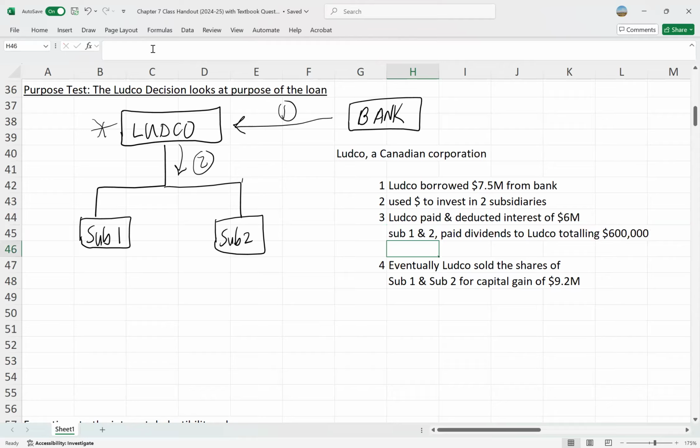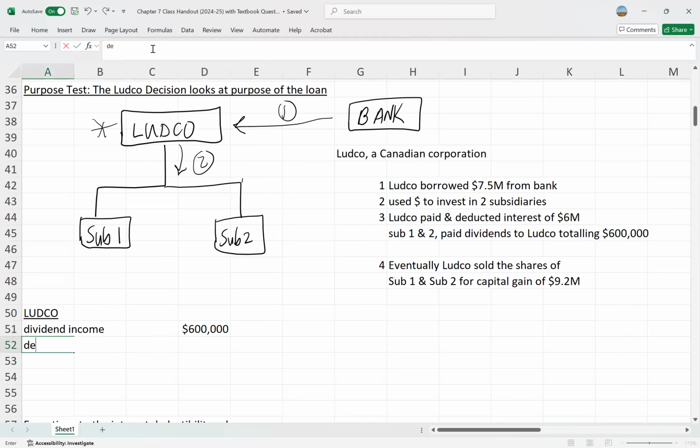And then step number 4, eventually Lutco sold the shares of sub 1 and sub 2 for a capital gain of $9 million. So this is what Lutco did. Over the years, Lutco had dividend income, and they declared the dividend income of $600,000.